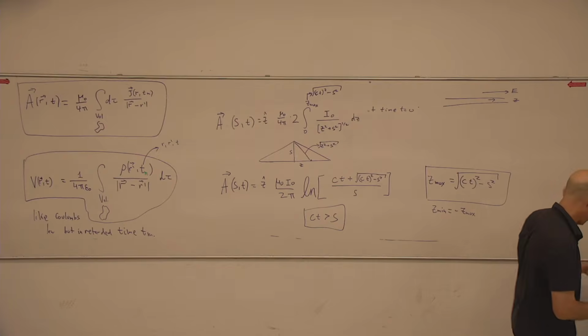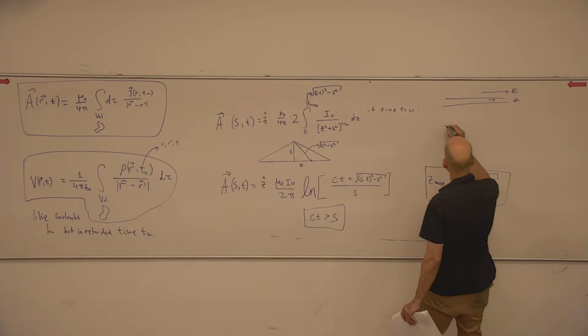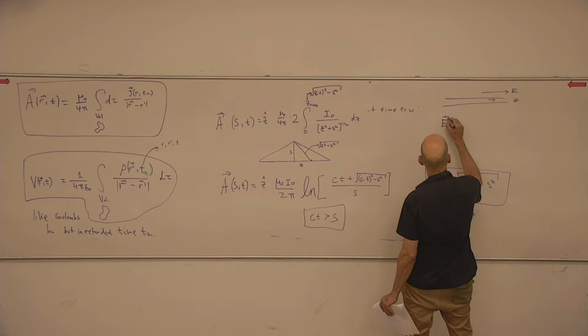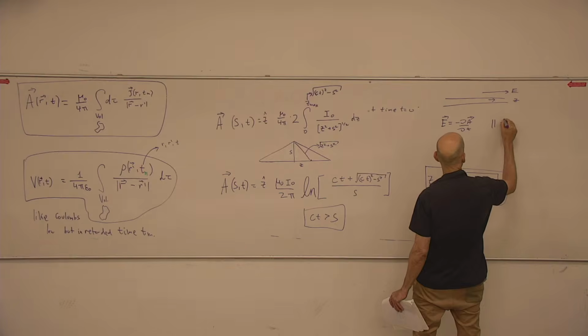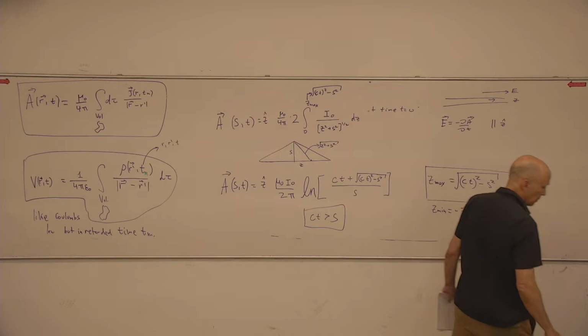So what is the E? Let us write it explicitly. E is minus dA/dt. So it is parallel to z, because A is parallel to z.